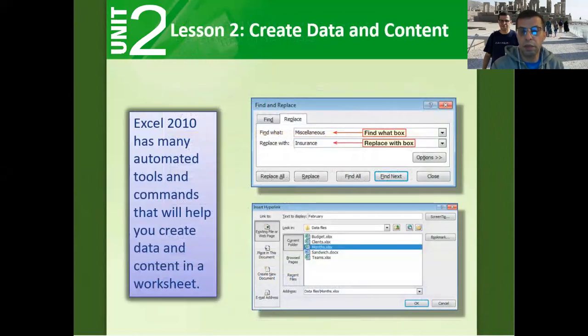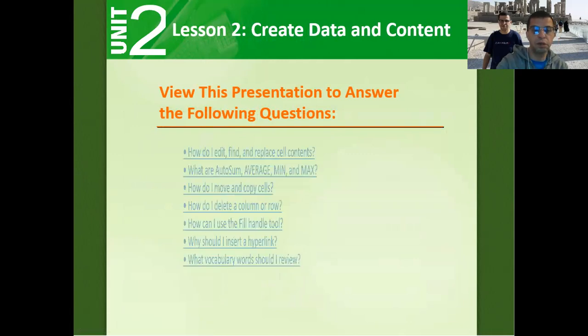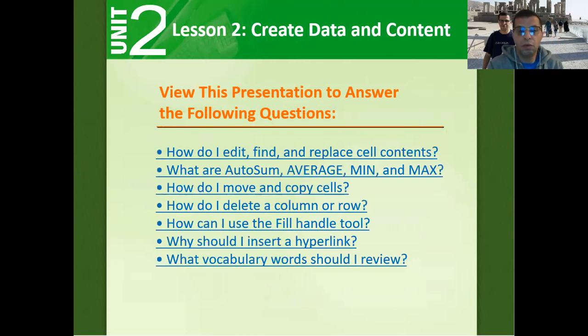Excel has many automated tools and commands that help you create data and content in a worksheet. In this chapter, we will review a few things, and we should be able to answer these questions. How do I edit, find, and replace cell content?